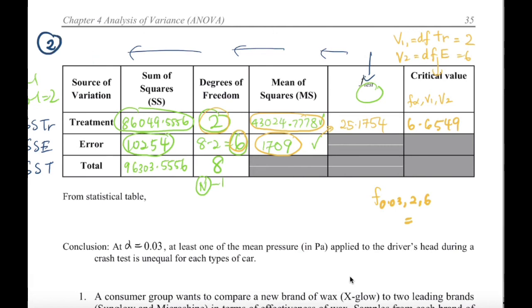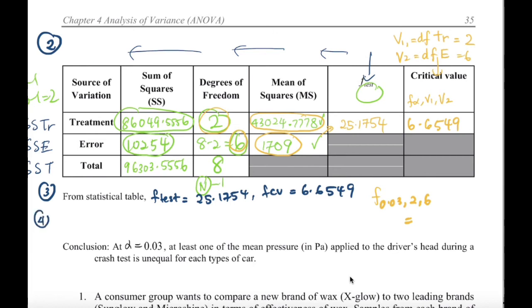Step number 3, from the stat table, we know that the F test is equal to 25.1754 and the F critical value is equal to 6.6549.